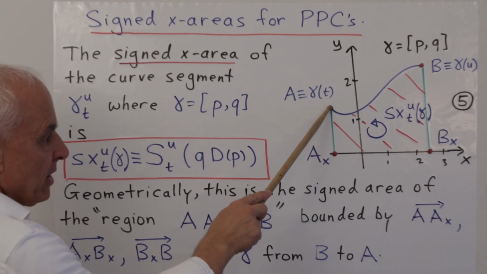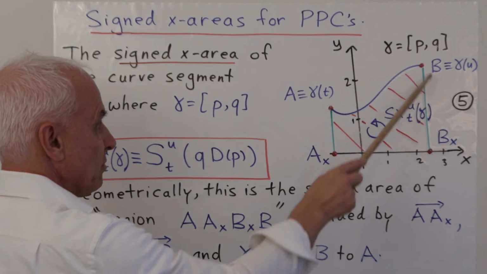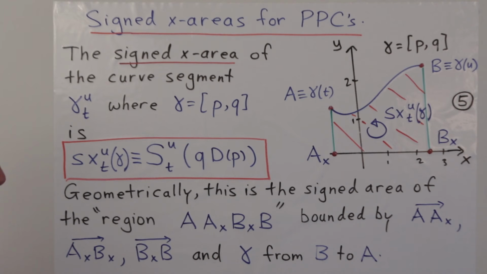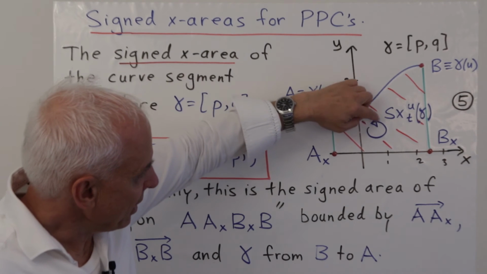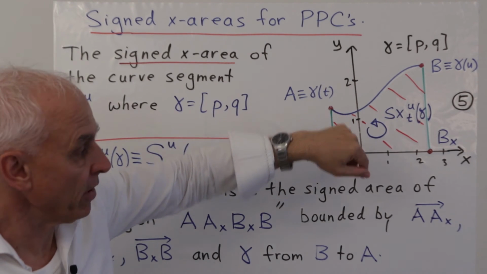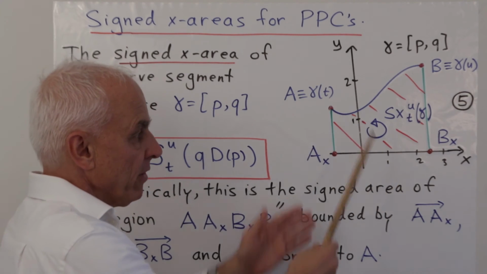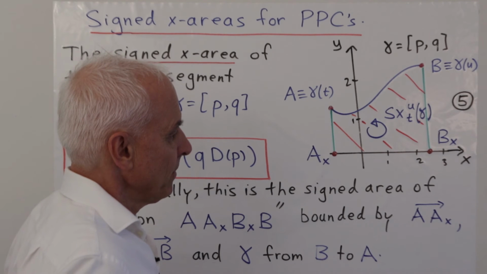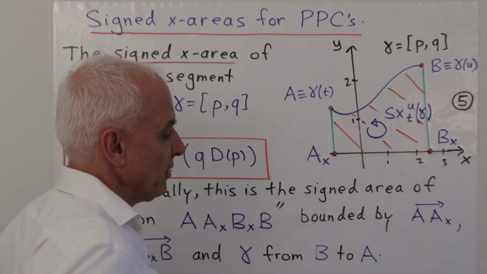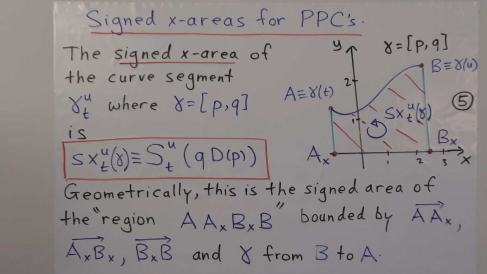It's bounded by the spline A, AX, BX, B, and then the actual curve from B to A. Notice that we're assigning a positive orientation here. We're going counterclockwise. That's the positive orientation. So if the curve is going from here to here, we'll get a positive number in a situation like this. So Sx from t to u of gamma is now the area underneath the curve. That's the definition of it, and that's how we're going to evaluate it.